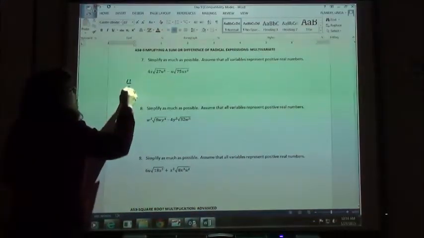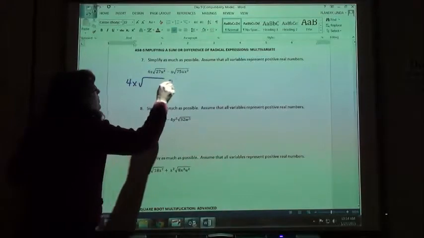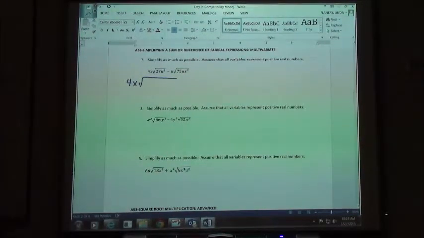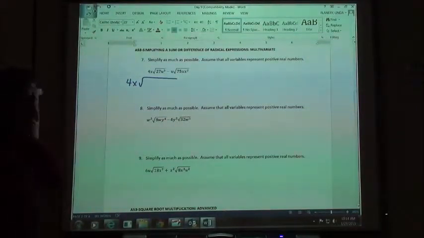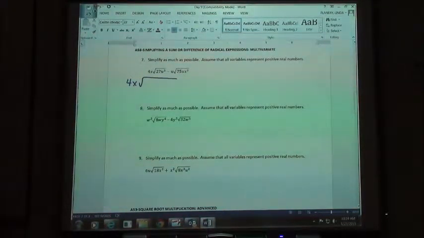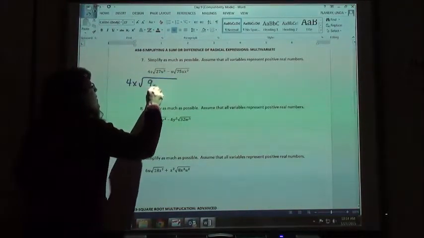So I'm going to have 4x, and I got to simplify that part under the square root. 27, I can factor that. 9 times 3.